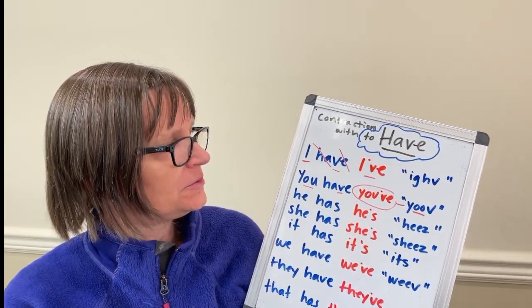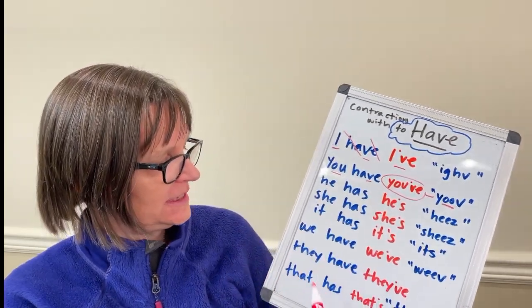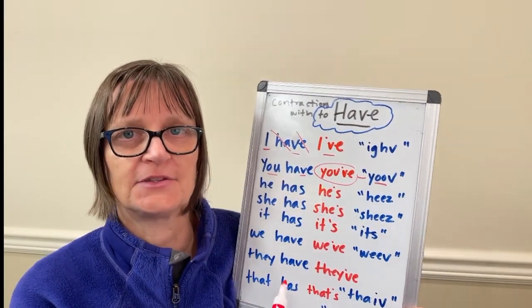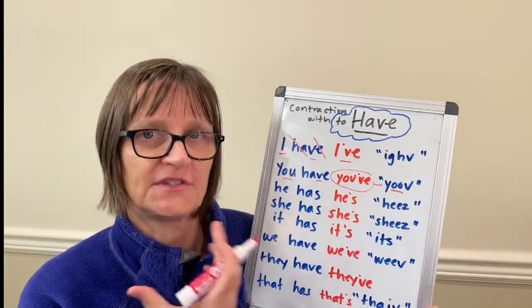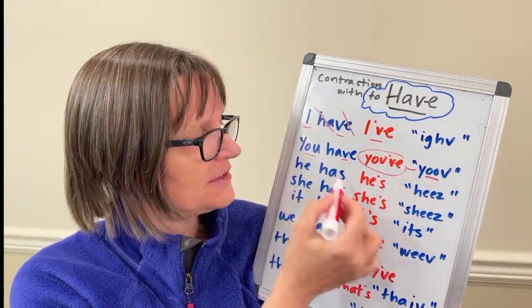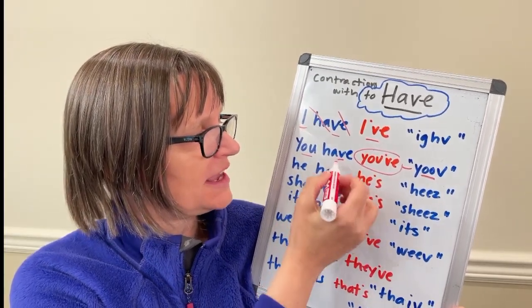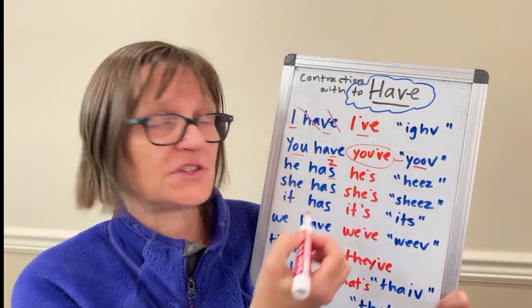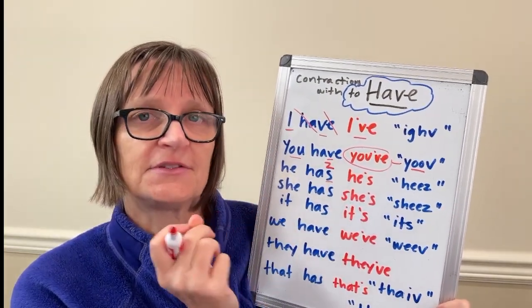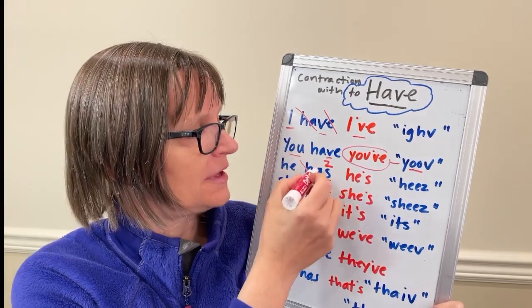When it comes to he, she, it, and that, of course, we change to has because we don't say he have, we say he has. That's a conjugation of that verb. Same thing, though, that we just say the final sound, which is a z sound in has, not an s sound, but a z. And we drop the h and the a.